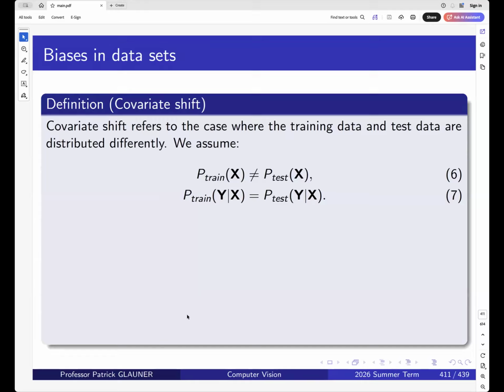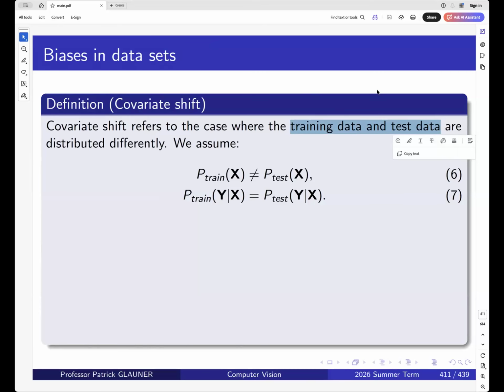And another one that is quite common is covariate shift. Covariate shift refers to a different kind of bias. Concretely, where we say the training data and test data are distributed differently.